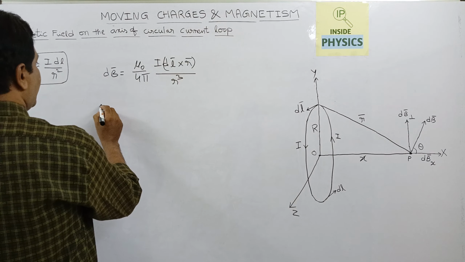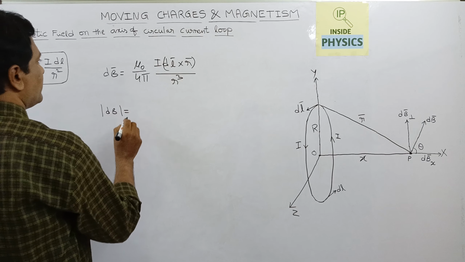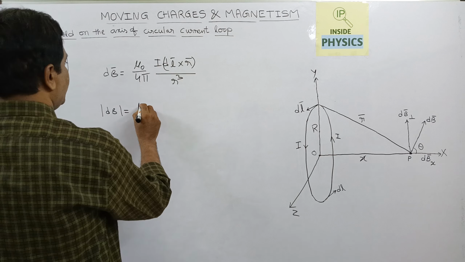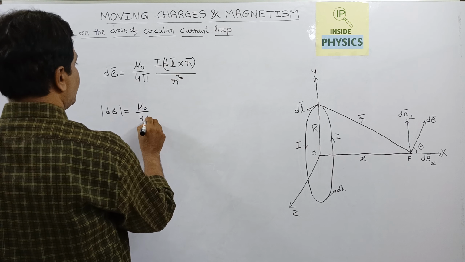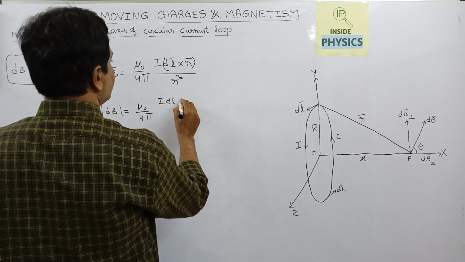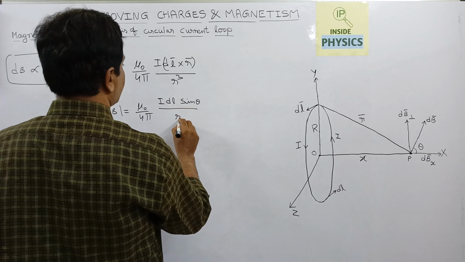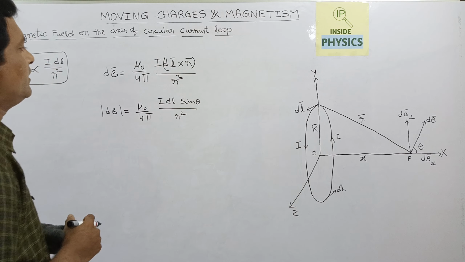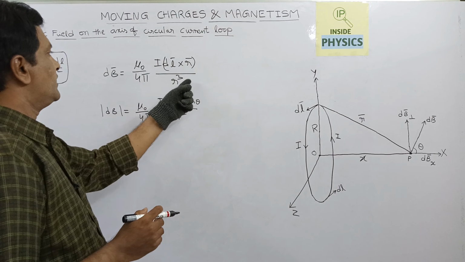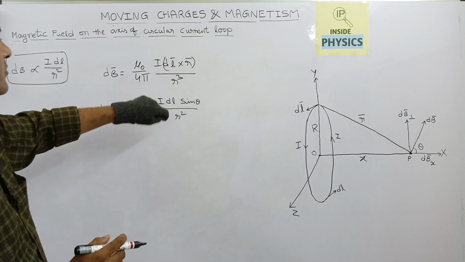The magnetic field magnitude we can write as mu naught by 4 pi I dl sin theta by r square. One r is getting cancelled, that's why I have written r square. Here r cube is written.